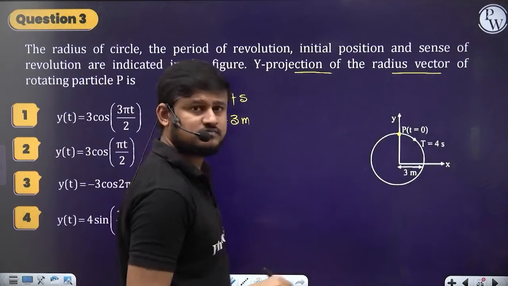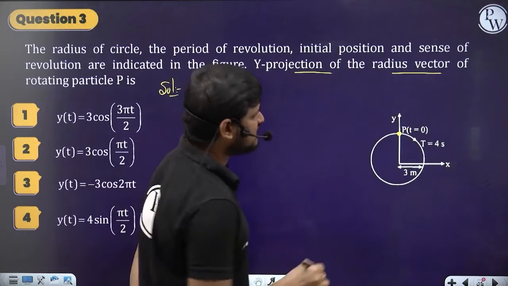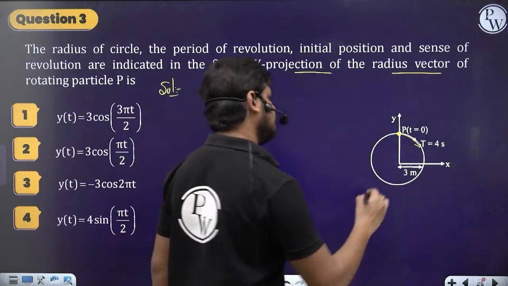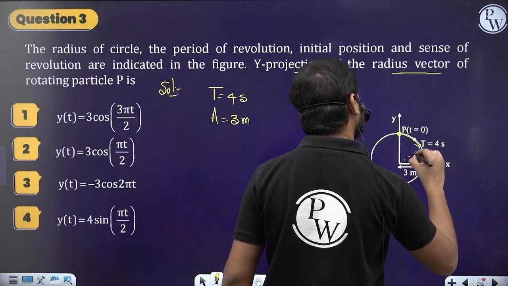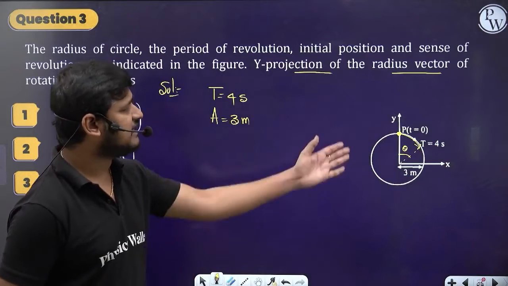The particle has started its motion from here. Let's say the particle is moving with omega. Then at time t, the particle has covered the angular displacement theta.